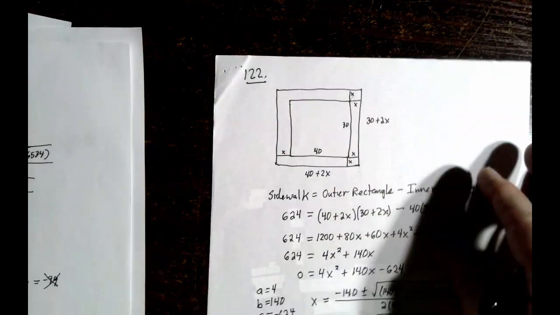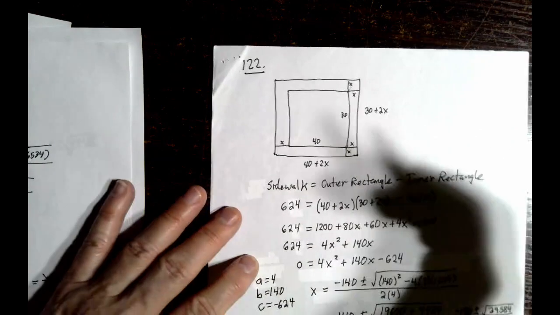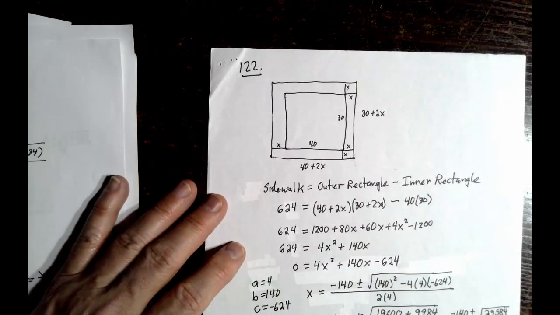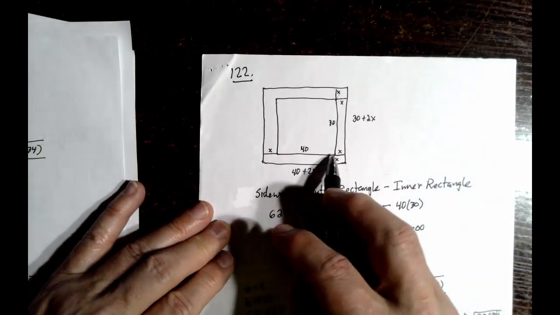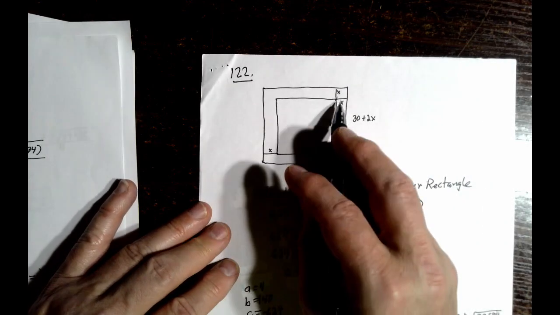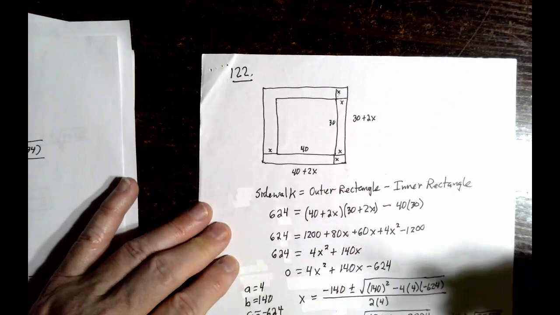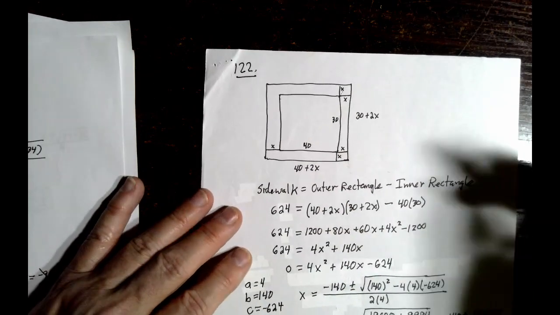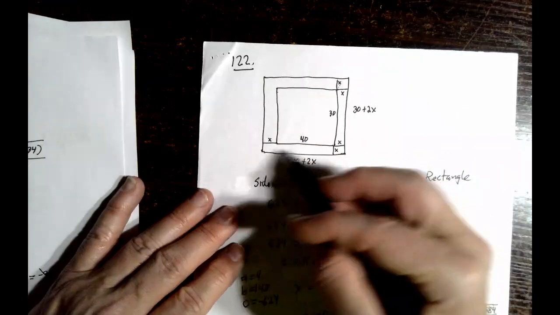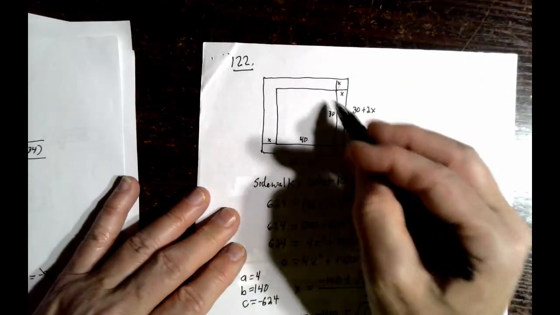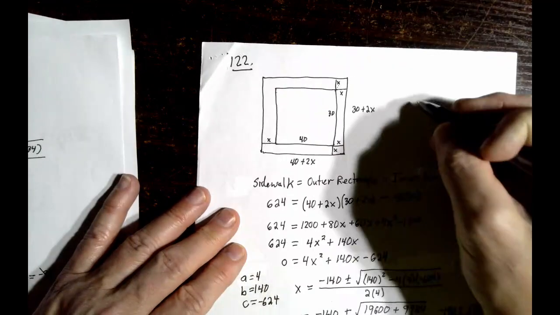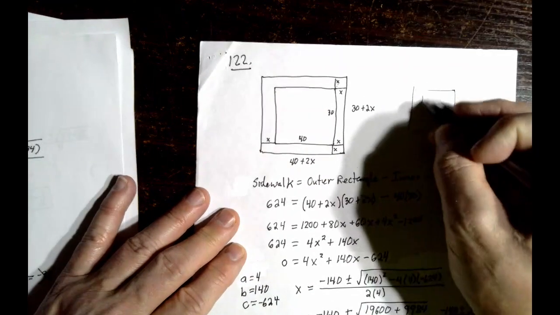This one's talking about a sidewalk, and they want to have a sidewalk that has width x, and it surrounds a garden that is a 40 by 30 garden. All right, and so the sidewalk is basically the outer rectangle minus the inner rectangle will give you this part.